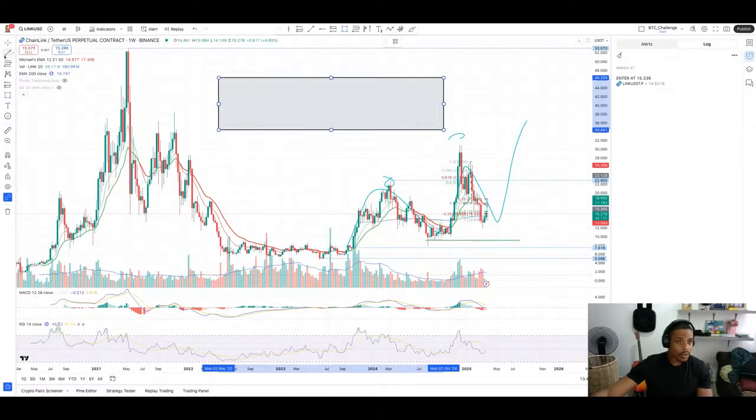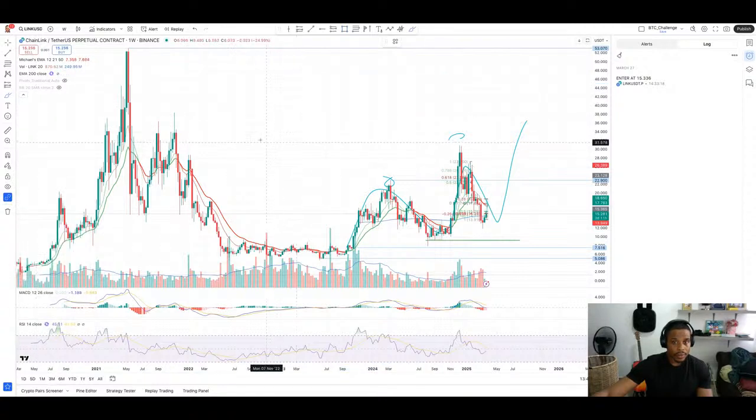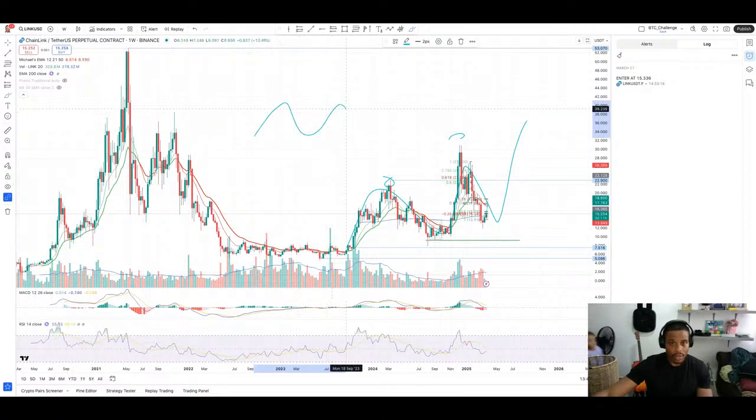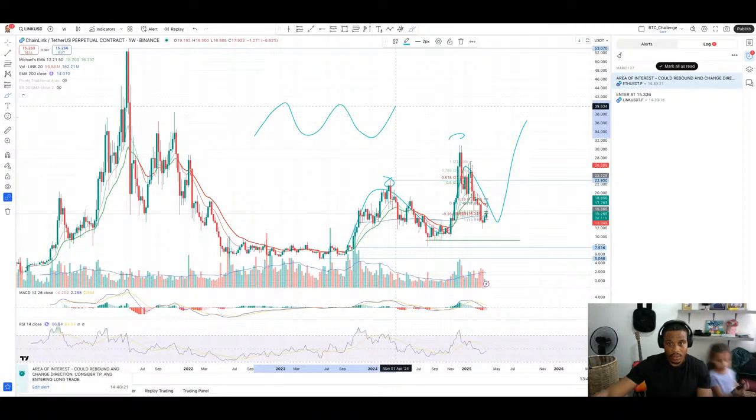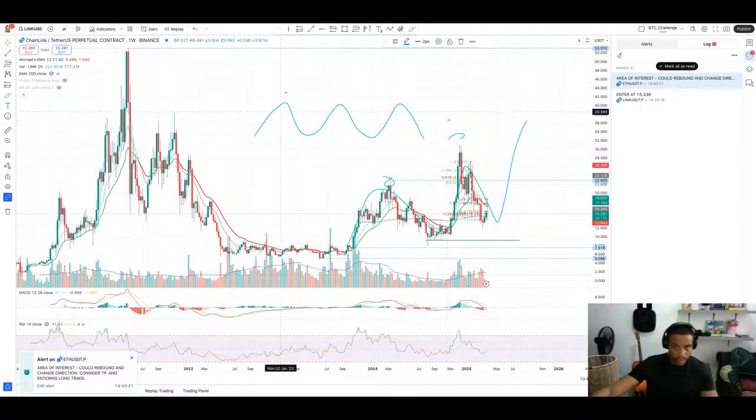What you'd usually expect to see in a ranging market is up and down, up and down. Let's go to my area of interest now. So you have highs and lows, and that's basically it.